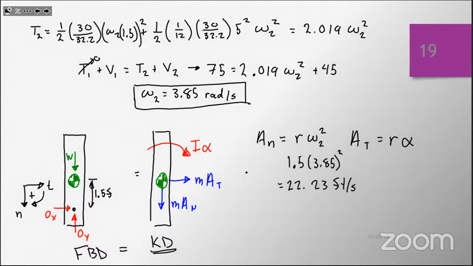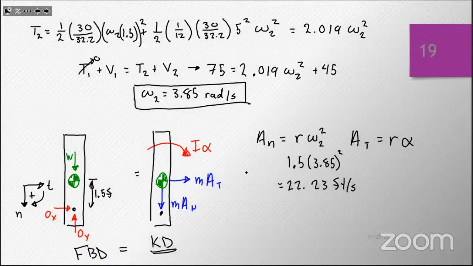So if we sum the moment at O, we have no forces, and that's going to be equal to what? Well, the mass times the acceleration of n goes through point O, so there's no effective moment from this one.